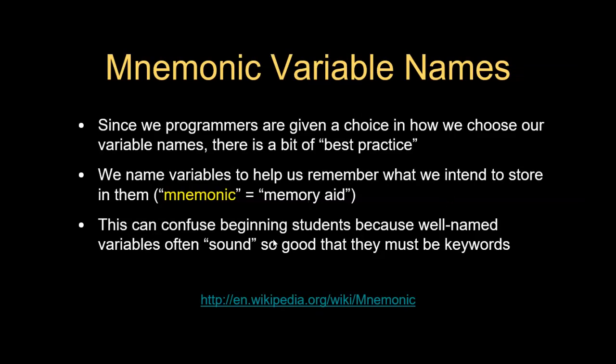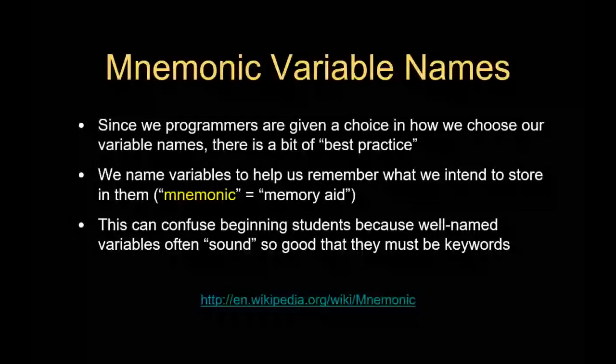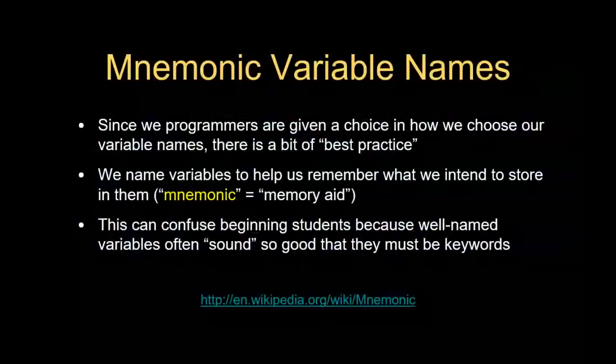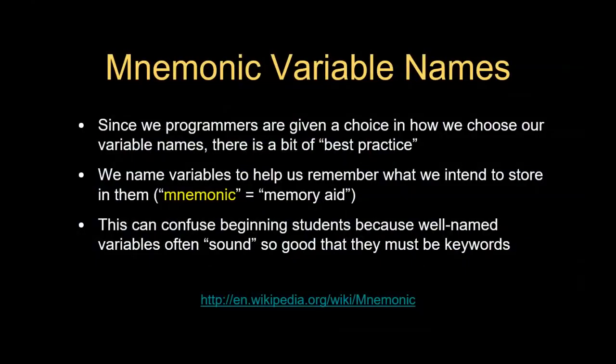Unfortunately, that can be confusing to new users, because if you give a variable a really good looking name, people can start thinking, is that actually a function or a reserved word or something?